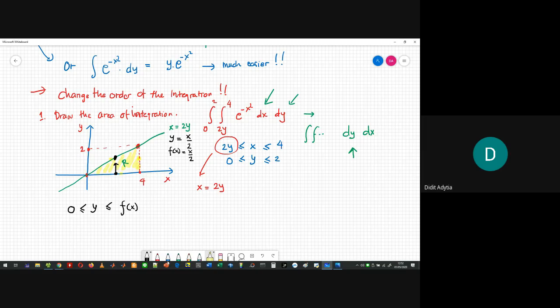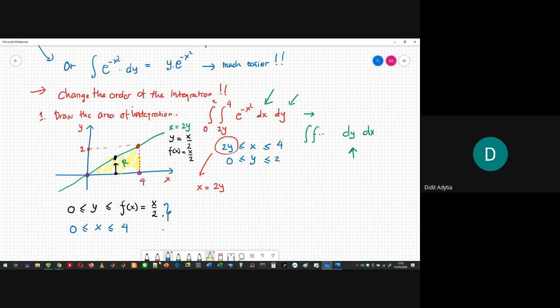So we have x over 2. Now the x itself is from 0 until 4. Okay, now we have the order.